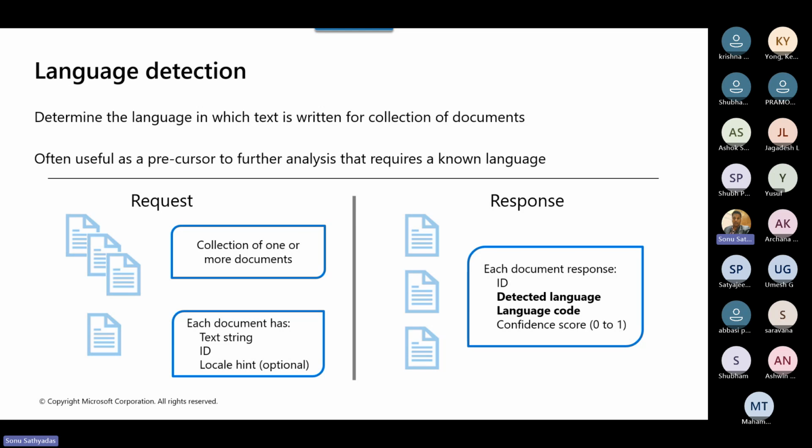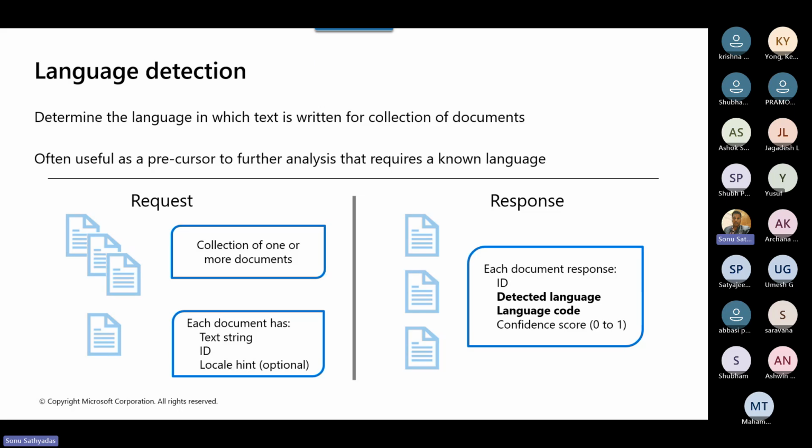To use the language detection feature, you can make a request to the corresponding API endpoint, or use the SDK and make a function call by passing the text. The text can be a single text or a collection of texts. You can pass one single text document or multiple text documents, and it will return the detected language, the language code, as well as a confidence score.